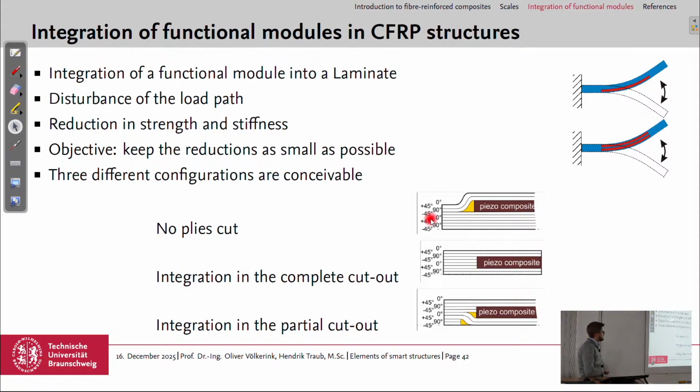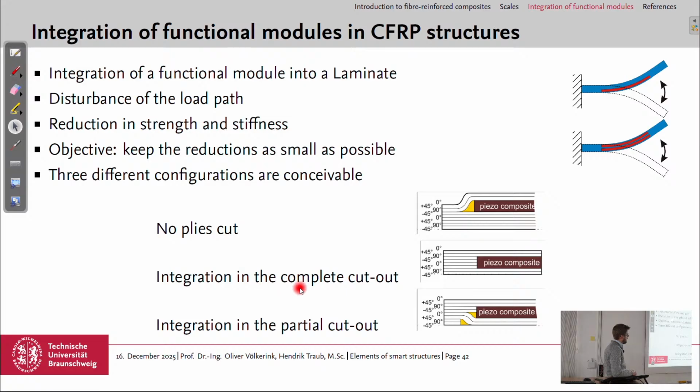And for this, we have 3 different configurations which are basically possible. First configuration would be that no plies are cut. So you build your laminate with the individual plies, place the functional module or the transducer, and then just put the other plies on top of it. Then you have here some kind of resin pocket, which could also be a weak point in the laminate.